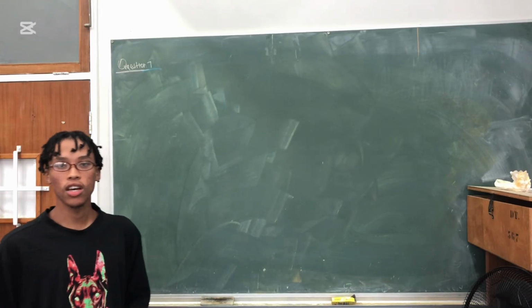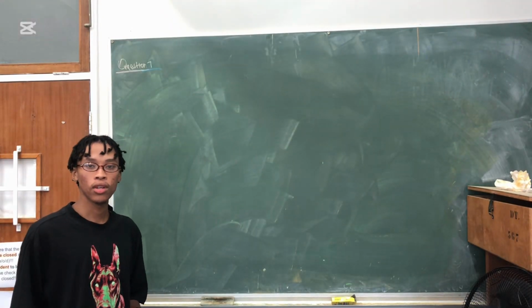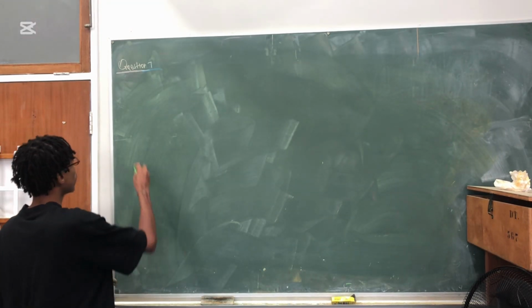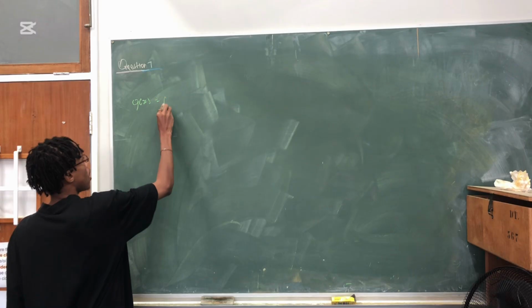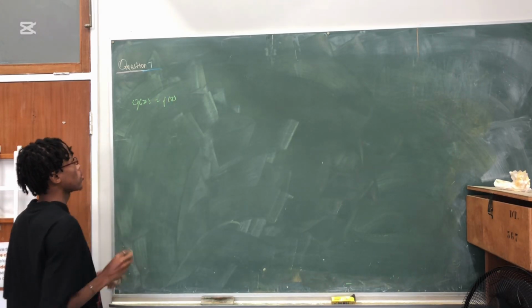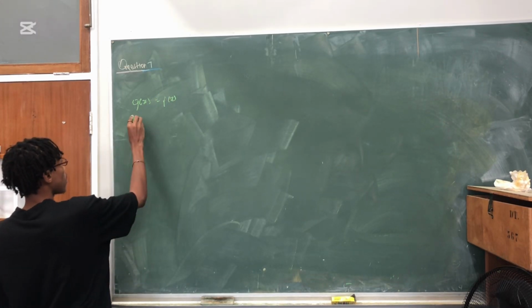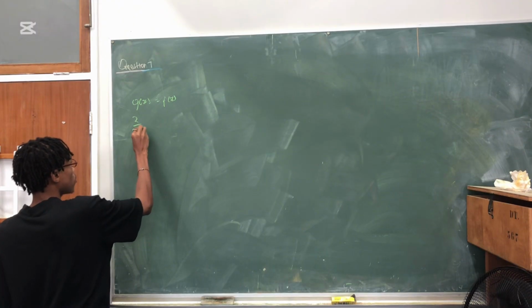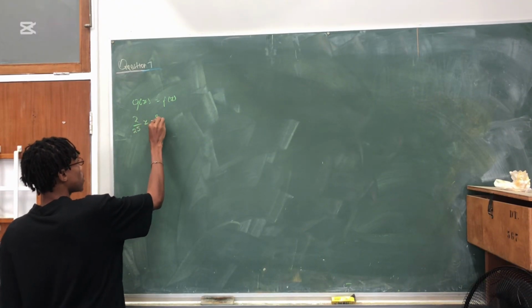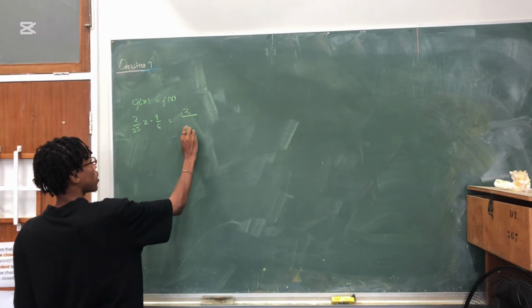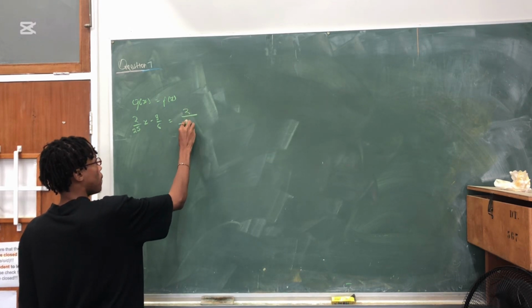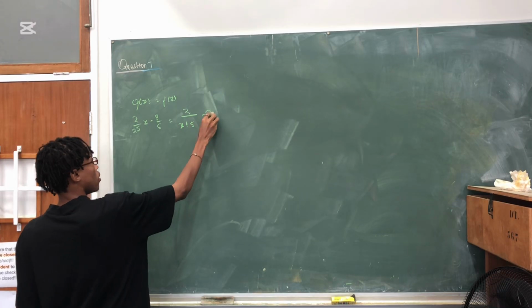The next question is asking us to find more points of intersection between the g of x function as well as the f of x function. We know that the g of x function, 2 over 25x minus 8 over 5, is equal to, for the f of x, 2 over x plus 5 minus 2.